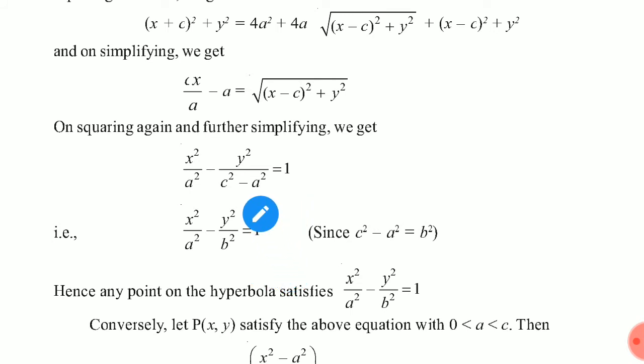As given previously, c square minus a square is always equal to b square. So the standard equation of the hyperbola is x square upon a square minus y square upon b square equals 1, which you can derive by simplifying.